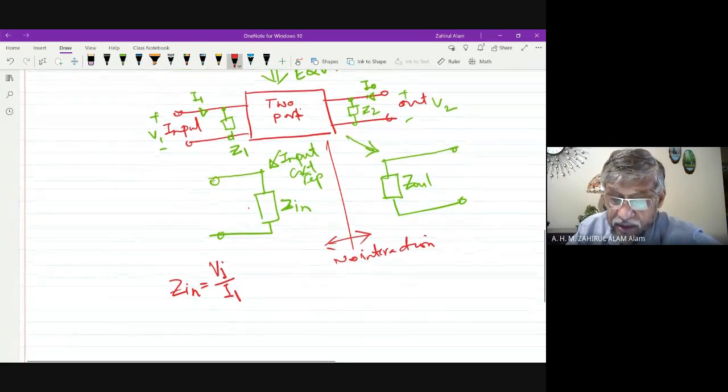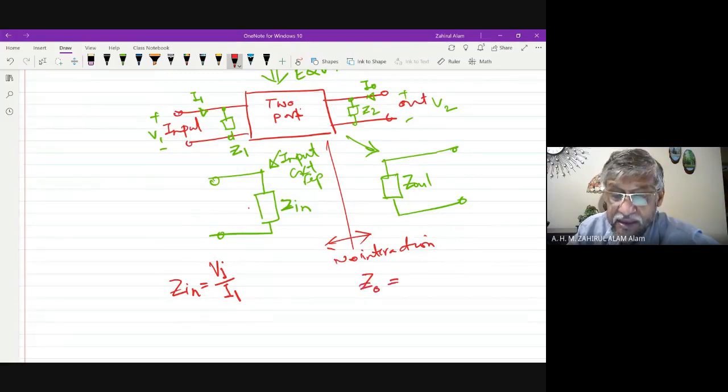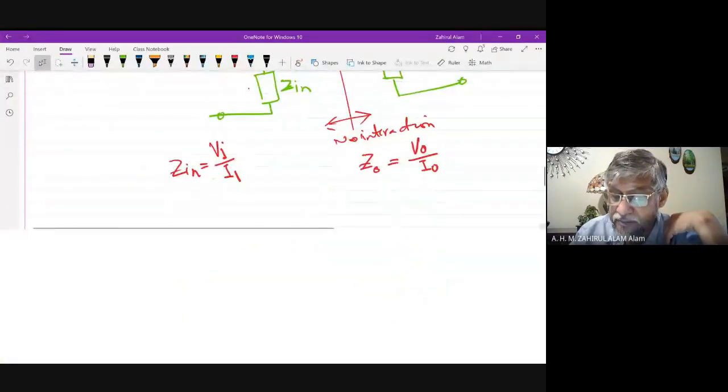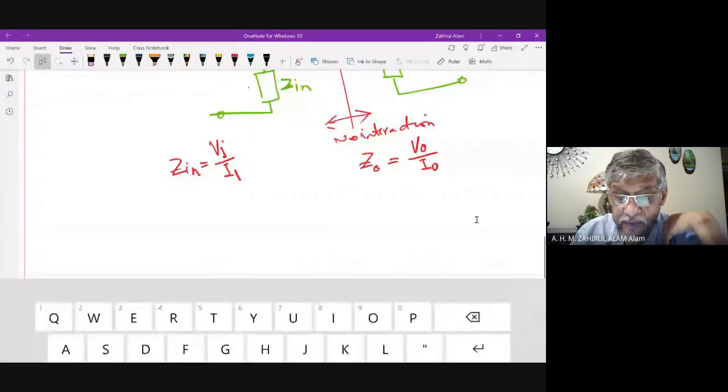And how can we find Z out? Similarly, in our mid frequency analysis, we calculated R naught for different configurations. We apply a V naught voltage and calculate I naught. Then from these two expressions we can find the input impedance and output impedance.